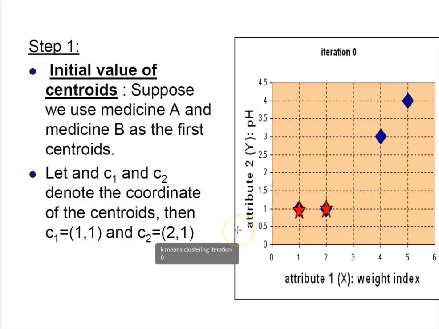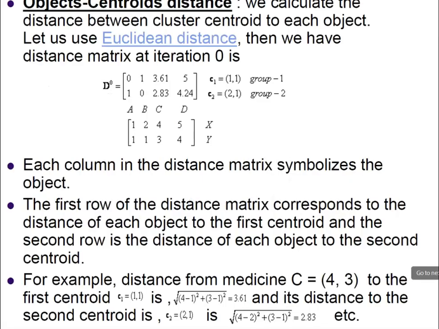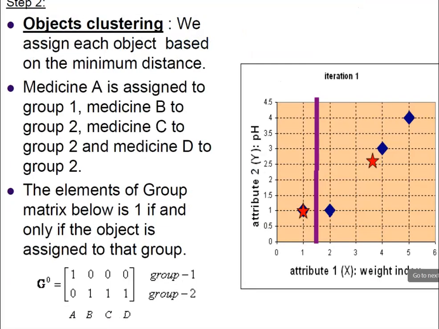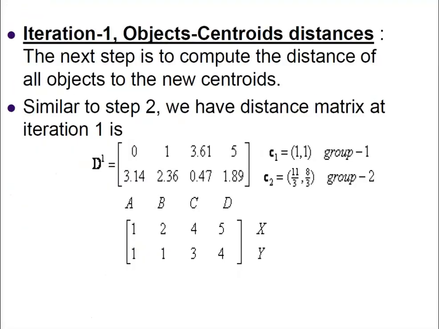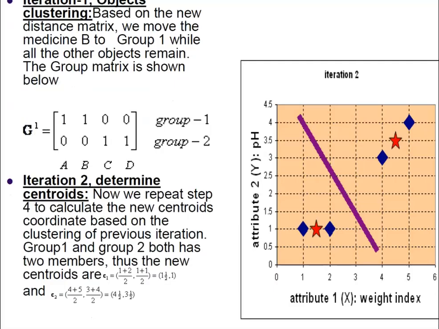So we repeat the process, and you can see that we're going to converge since we're not changing the process. We're going to converge into these two clusters.